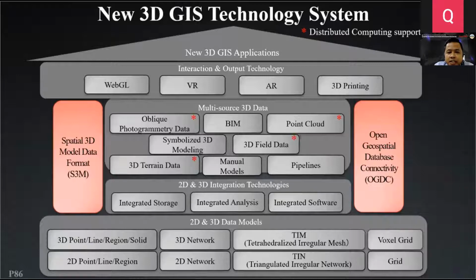From the lower layer are the 2D and 3D data models, and then it goes to 2D and 3D integration technologies, and then to multi-source 3D data with the support of data formats, the OGDC and the S3M data format, and then the support for the various terminals. And lastly, we can develop a new 3D GIS application on top of it.